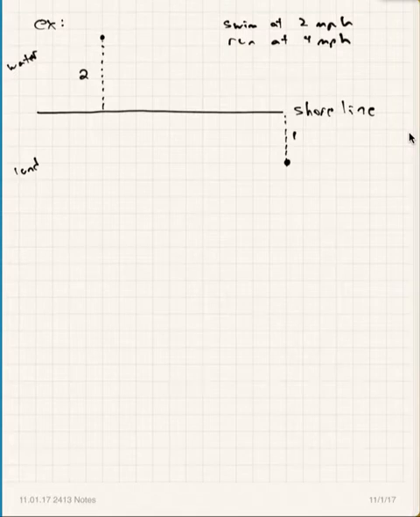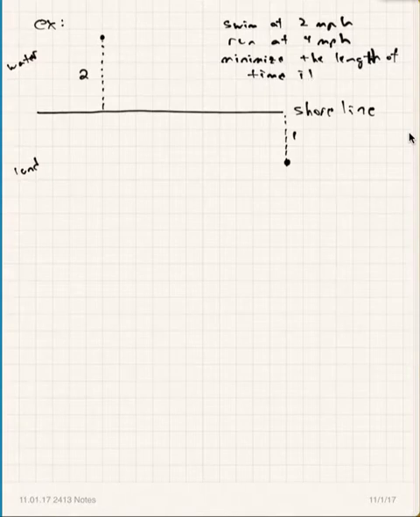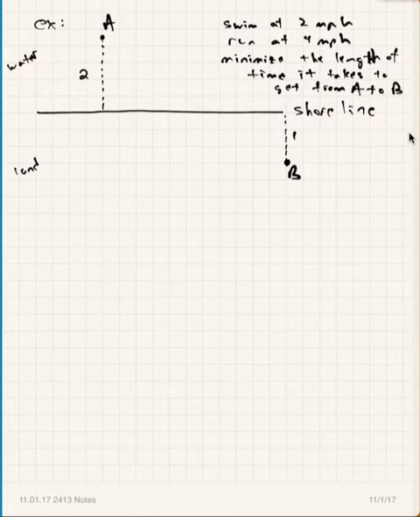What we want to do is minimize the length of time it takes to get from point A to point B. The reason this is a difficult question to solve is because there are lots of different paths that the person could take.